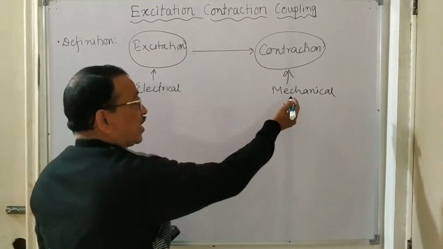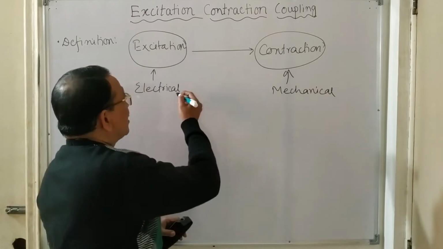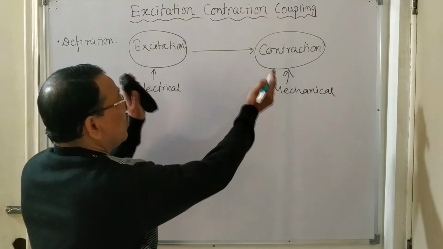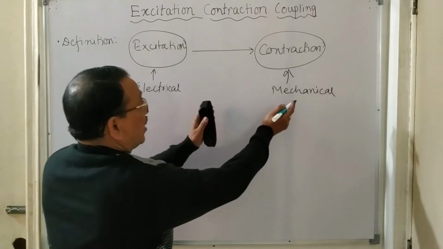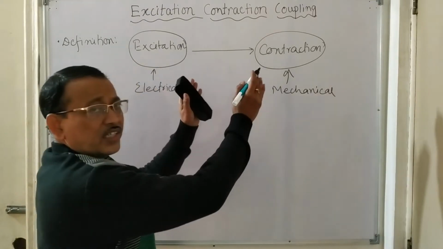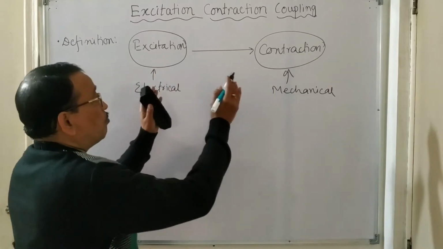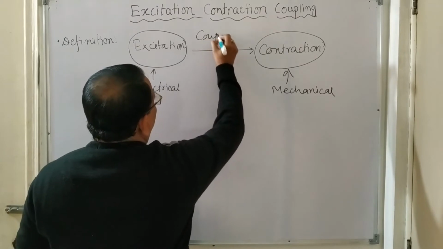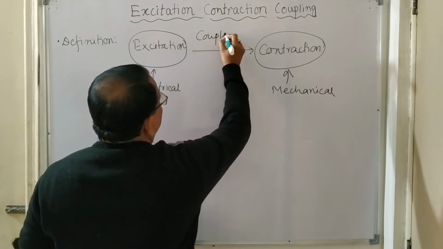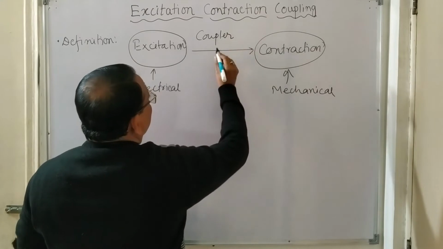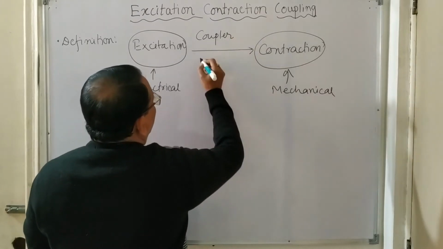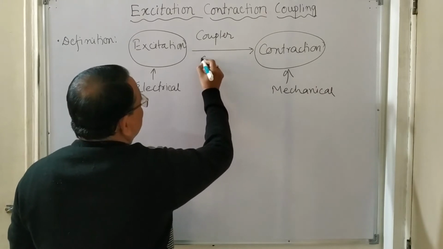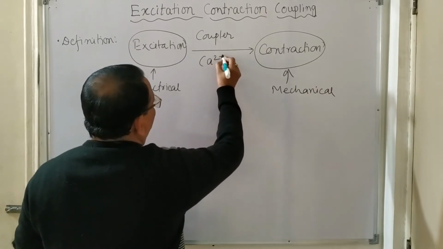For this mechanical event to take place, the electrical event is necessary, and these two events, the electrical event and the mechanical event, are linked with the help of a coupler or linker, and this linker or coupler is the calcium ion.